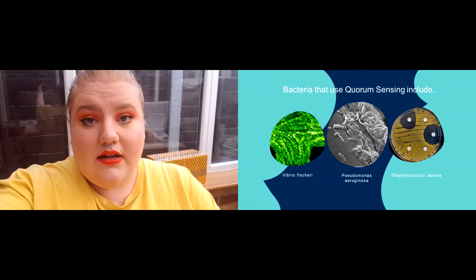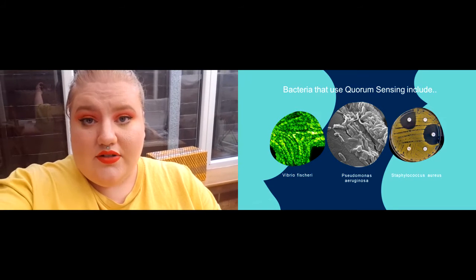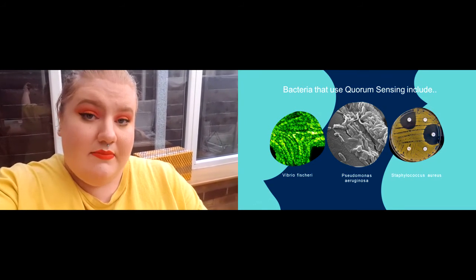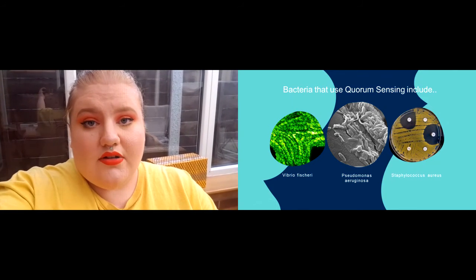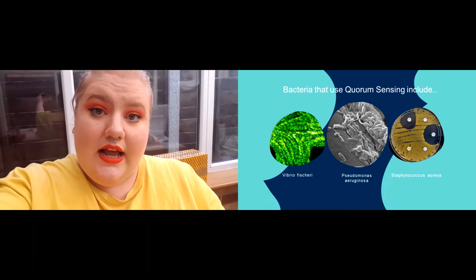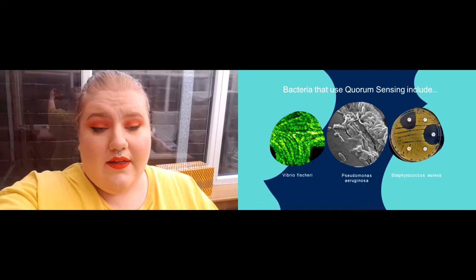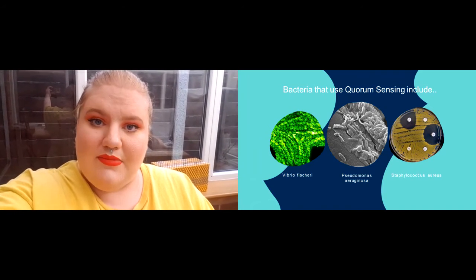But unfortunately, something that has come about in these bacteria is antibiotic resistance, which is where the bacteria are resistant to these medical treatments. And a way in which they can become resistant to antibiotics is by discussing with each other using this quorum sensing technique.